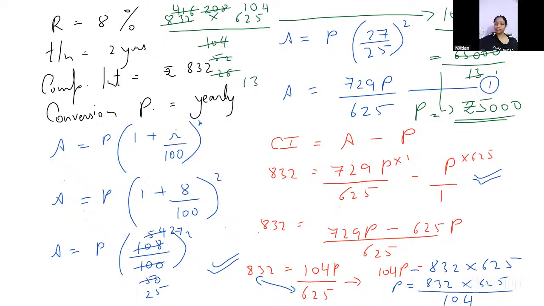Can you hear me, Emma? Yes, ma'am. So if compound interest is 832 and principal is 5,000, what will be A? Yes, sir, 1 second.